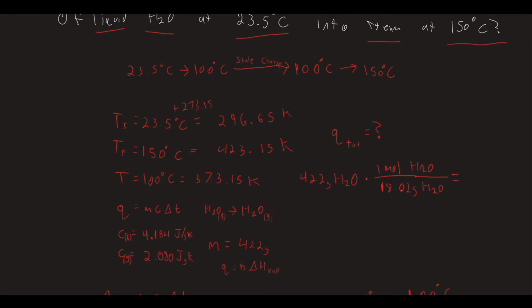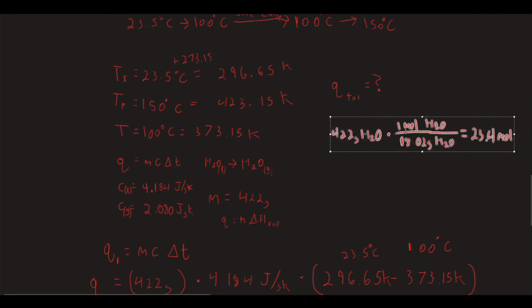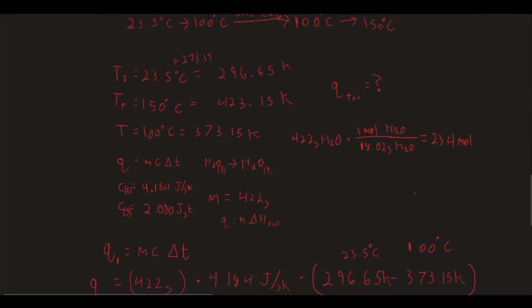We punch that in our calculator, and we get 23.4 moles H2O. Let me try to shrink this a little bit. Alrighty, so this is our final piece of information we need, the 23.4 moles.